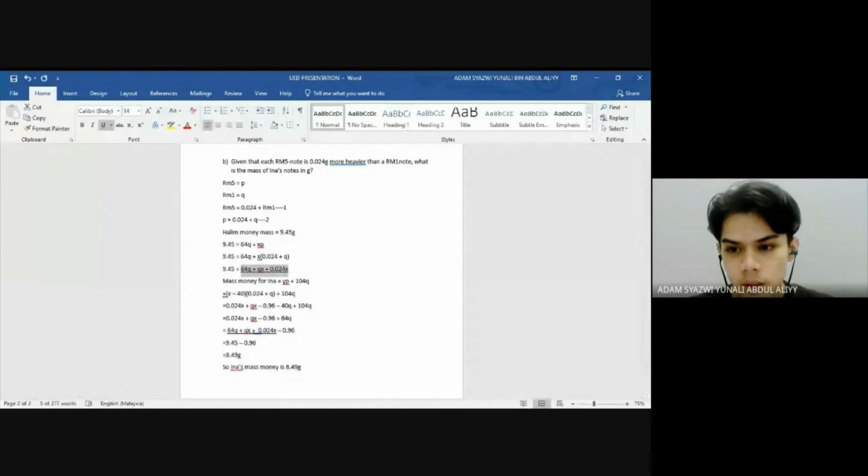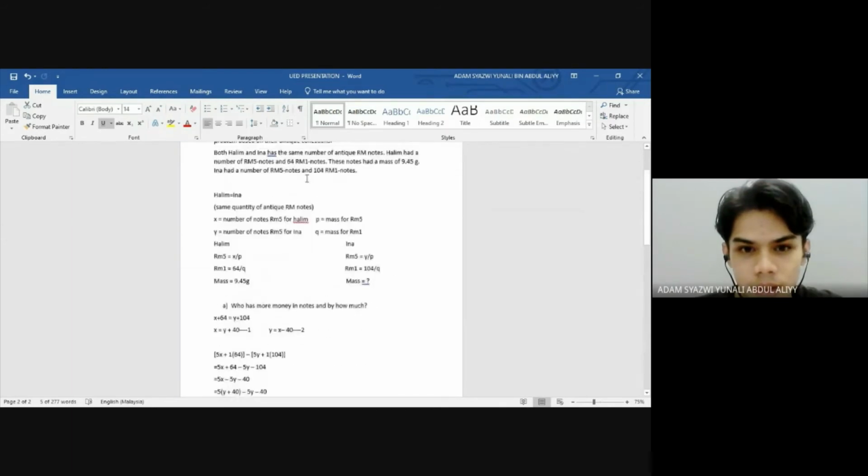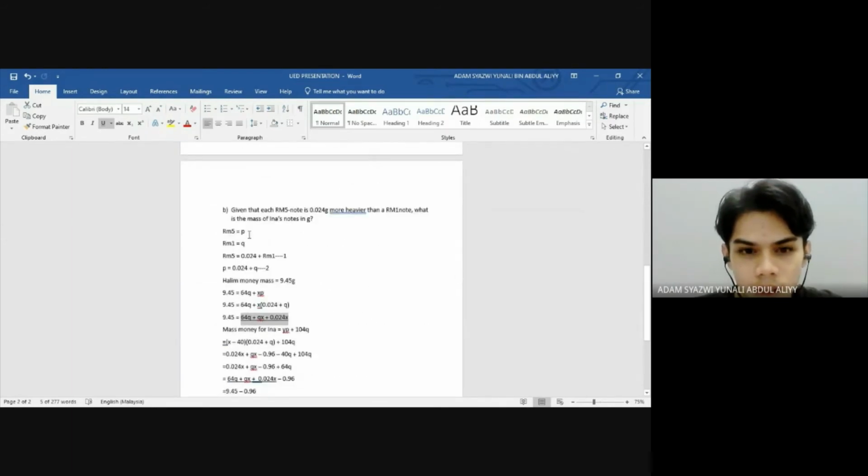Okay. Hello, Assalamualaikum warahmatullahi wabarakatuh. So now I'm going to explain the way for us to solve question B. Question B is, given that each RM5 note is 0.024 heavier than an RM1 note, what is the mass of Ina's notes in gram? So in the question above, it is already given that Halim's money mass is 9.45 gram.